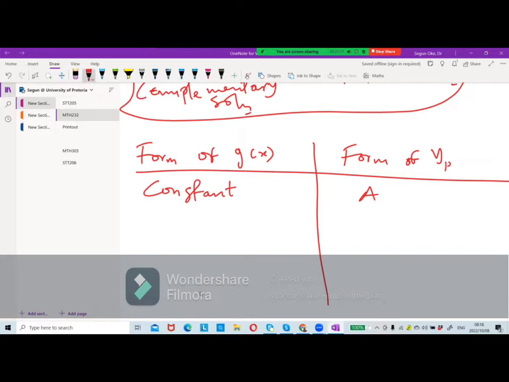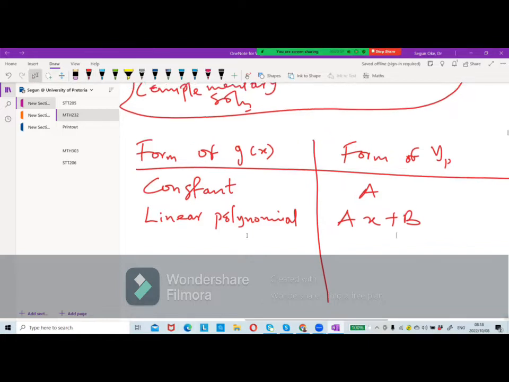But when the problem you're given is a linear polynomial, please take note of this. The form of yp we use will be Ax plus B, because we actually substitute our g of x.